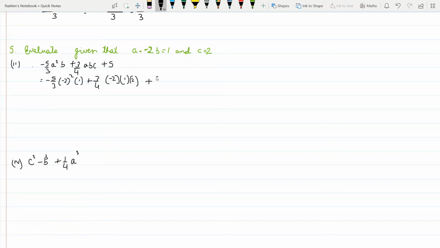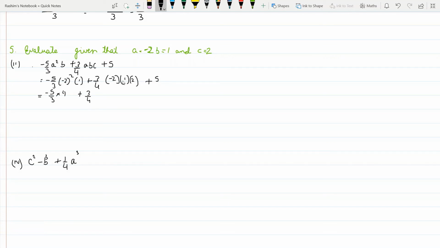Plus 5. Right. Here this is equal to -5 upon 3. -2 square is 4, -2 into -2, and 4 into 1 is 4. So we write it as into 4, plus here we get 3 upon 4.